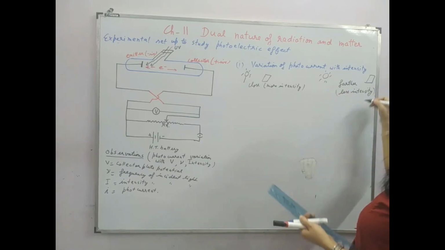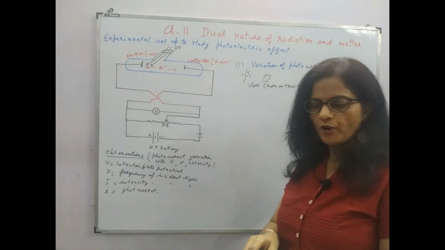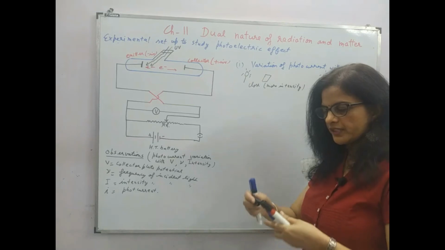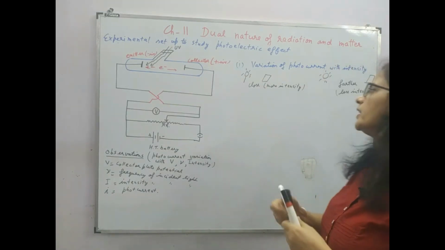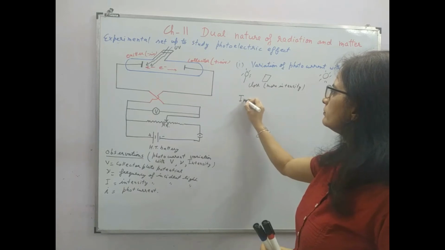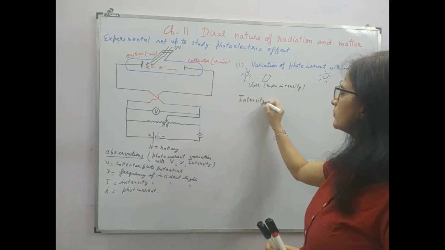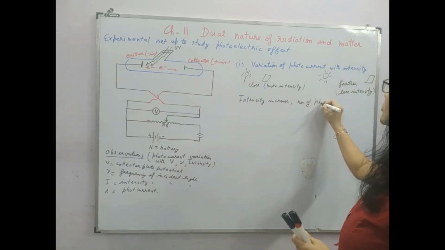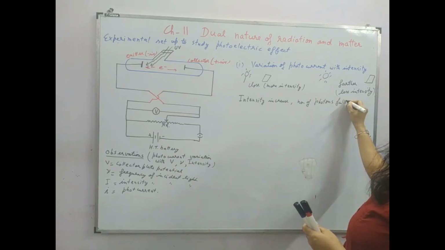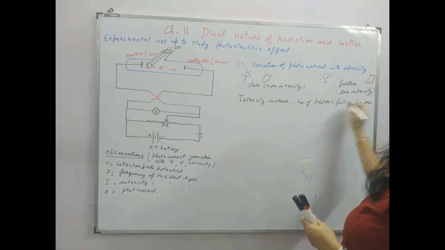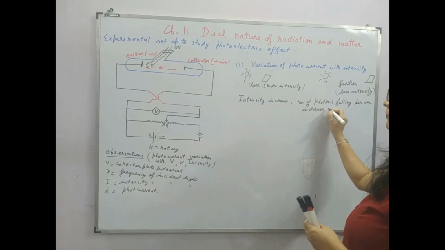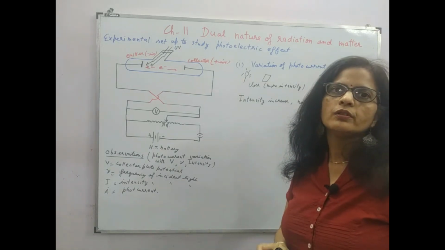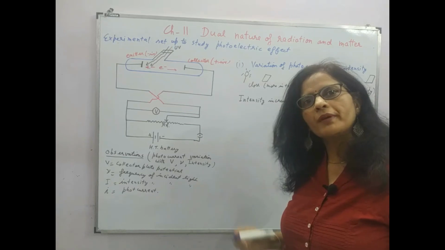It is observed that when intensity is more, the number of photons falling per second increases. If the number of photons falling per second increases, each photon gives rise to a photoelectron, which is emitted from the metal surface.